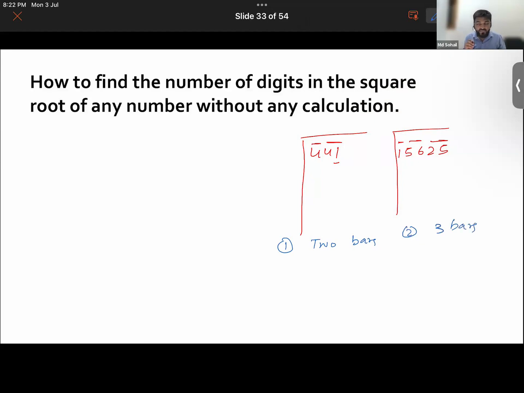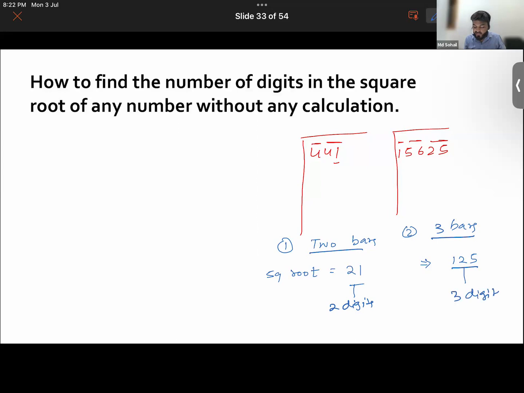Interestingly, if you see one more thing here, the square root of 441 is 21, and the square root of 15,625 was 125. Now notice the number of digits in the square root and the number of bars over the square number. Is it not the same? 2 bars, 2 digits. 3 bars, 3 digits.